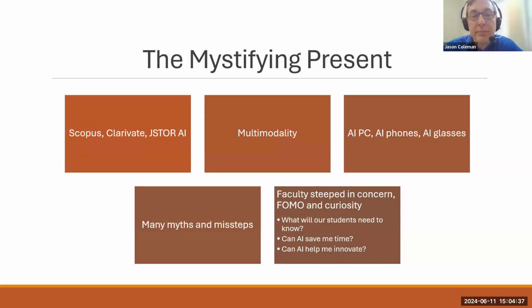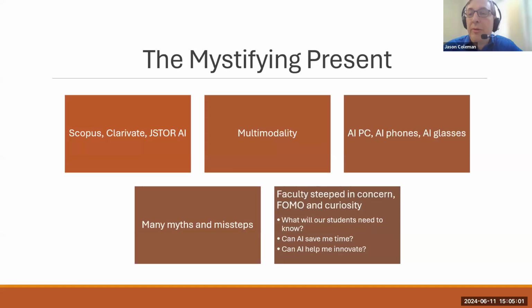So at the moment, brief snapshot, we have a lot of the traditional database companies creating generative AI adjuncts to their traditional databases, such as Scopus AI, Clarivate's in the process of creating one. JSTOR has demoed one. I'm sure there are many other companies that are doing this.